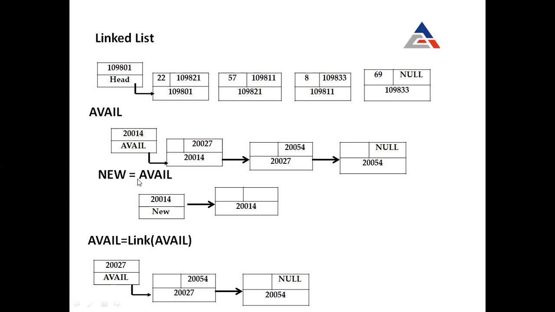Fine. New is equal to avail. So new will become this empty space in avail. I call it new, and later on avail was having the next address. I pick this one over here. Now avail will become the next address, and avail starts having only two empty addresses.